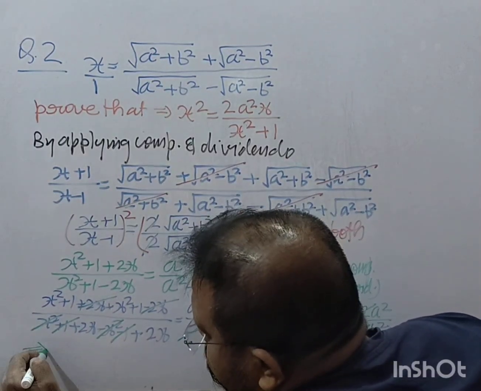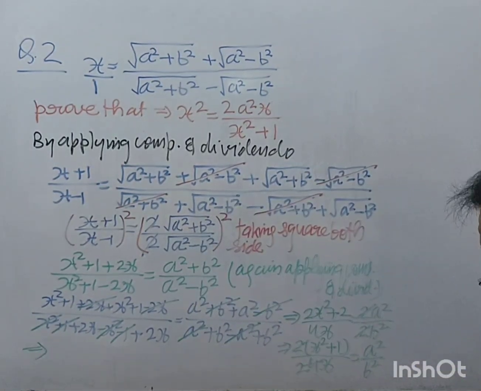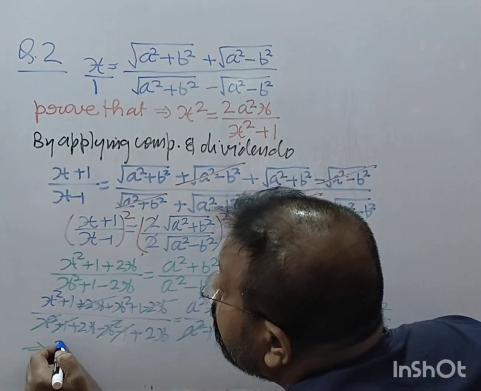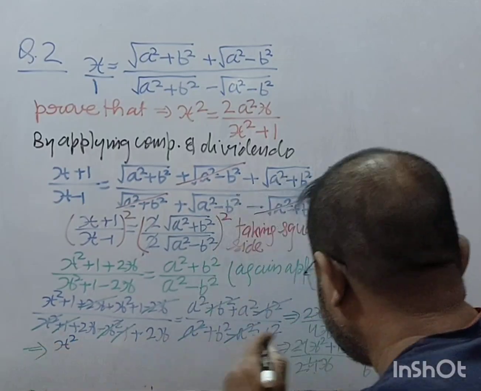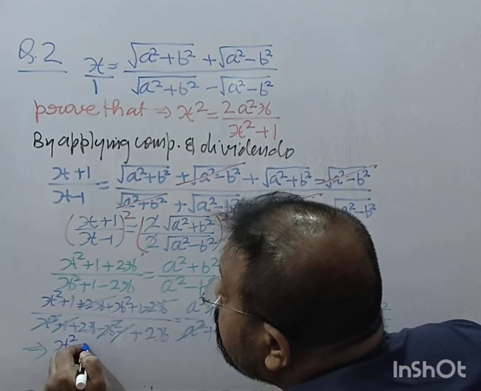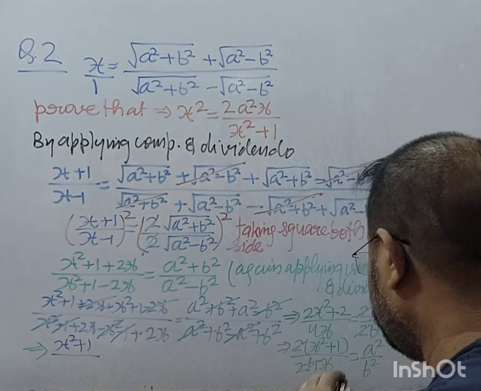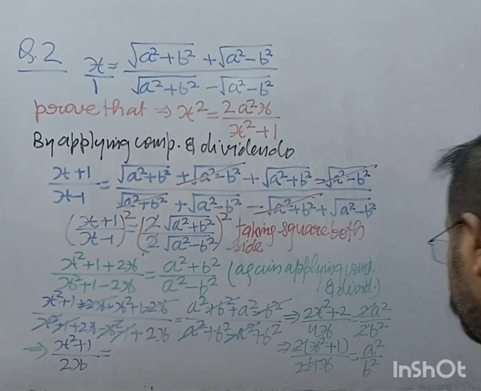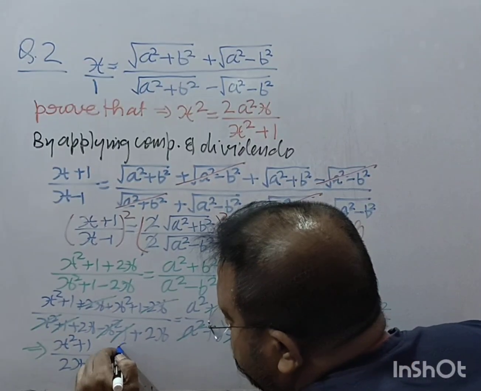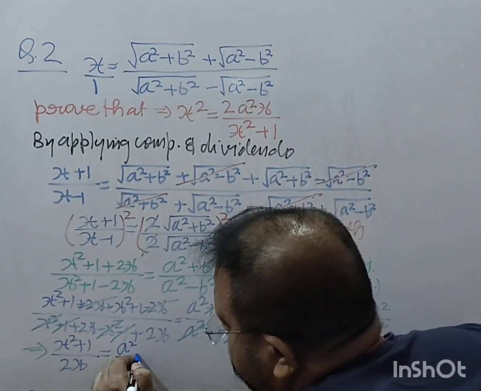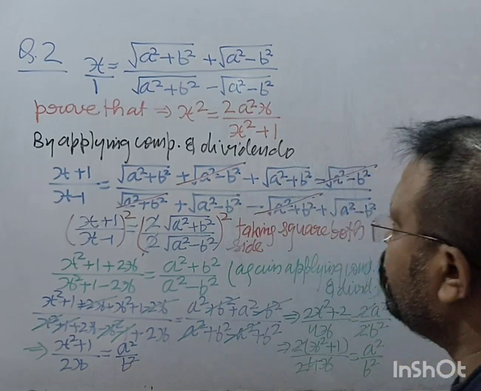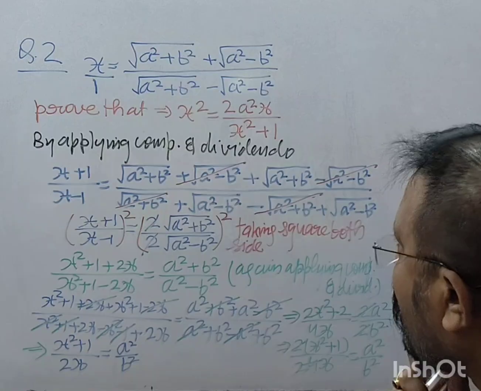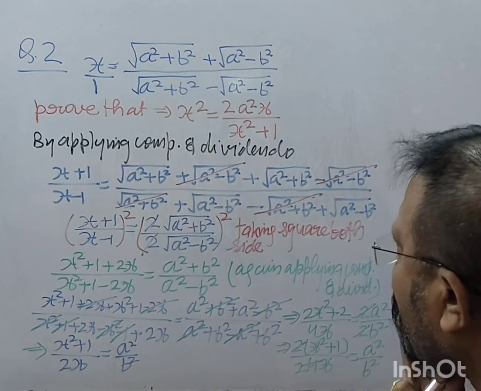So the final equation which you get is x square plus 1 upon 2x is equal to a square upon b square. What we have to prove? x square is equal to 2a square x upon x square.